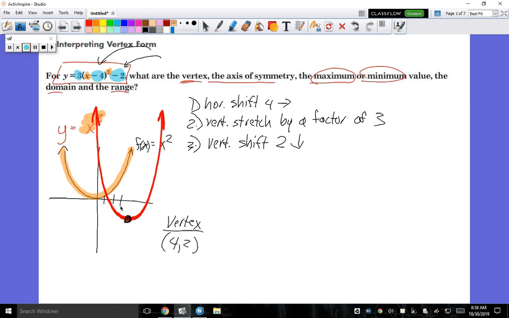So 1, 2, 3, 4 to the right, 2 down. Oh, -2. Question so far? Okay, so the vertex is (4, -2). What's the axis of symmetry? X equals 4. Nice. So x is equal to 4 is the axis of symmetry.